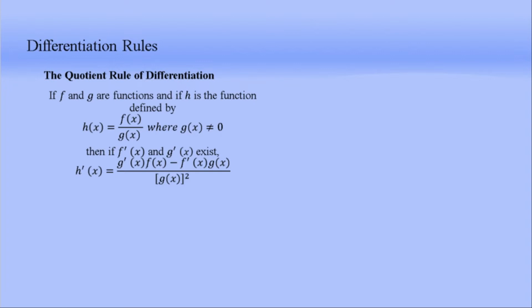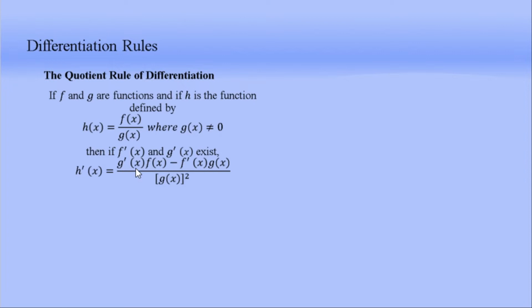The derivative of h of x is equal to the derivative of g of x times f of x minus the derivative of f of x times g of x, over the square of g of x. So again, we have this formula.